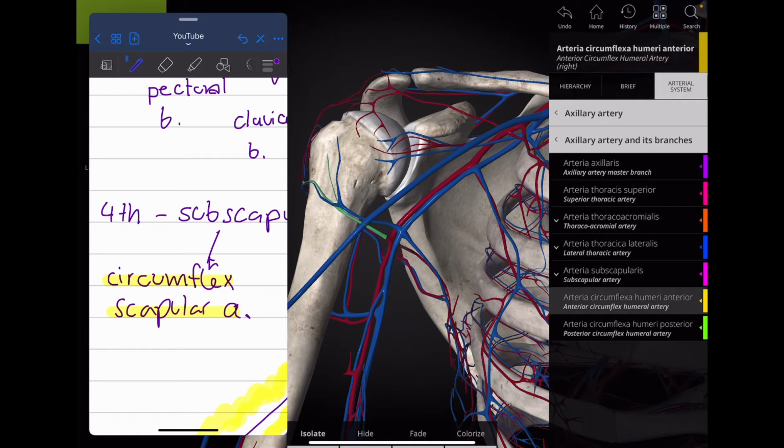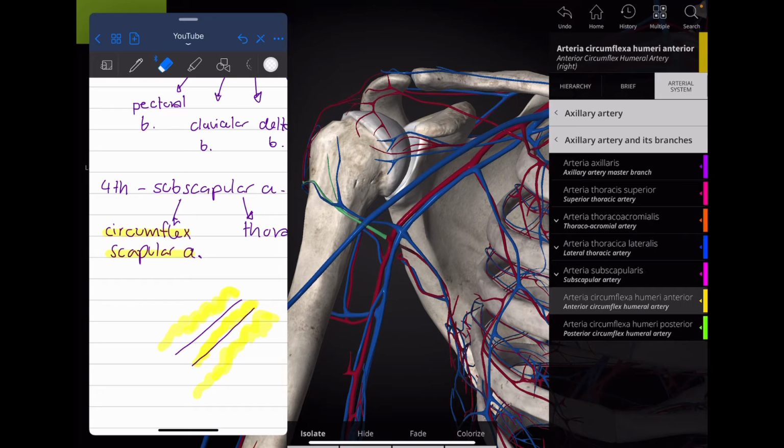There are a few more that you need to know about. We'll not be talking about those today, but remember that one of the branches of the subscapular artery, the circumflex scapular artery, also forms the anastomosis on the posterior aspect of the scapula.